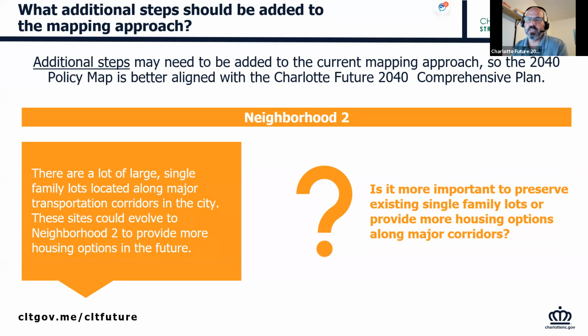So let's look at what we've observed related to neighborhood 2. Neighborhood 2 is a place type that is a little higher density in residential, so you're talking about more multifamily development. We observed the question of whether it is more important to preserve existing single family lots or provide more housing options along major corridors.